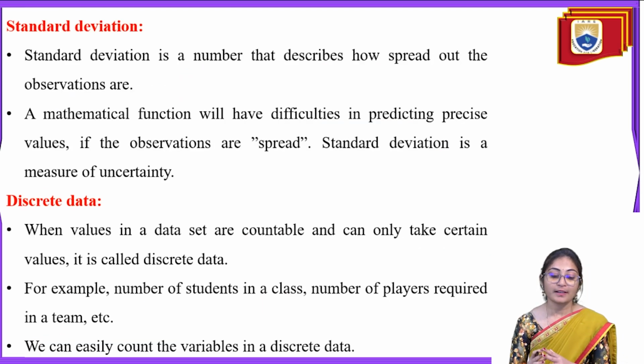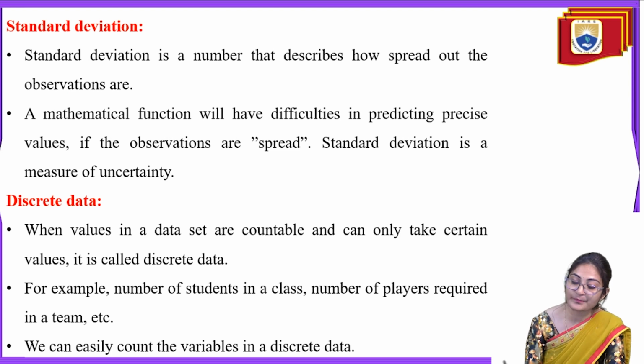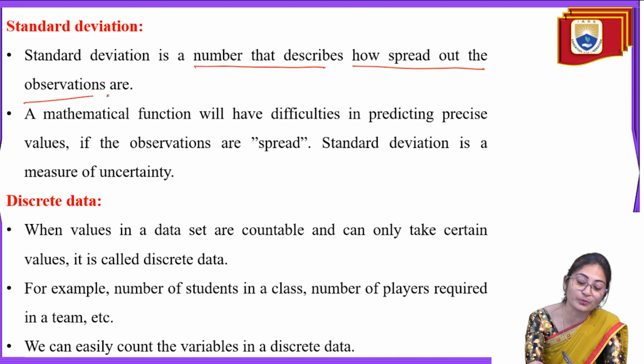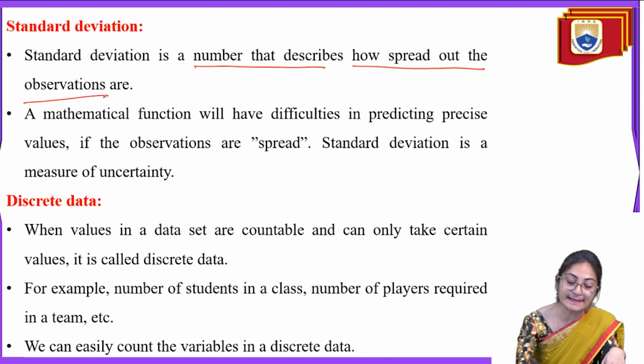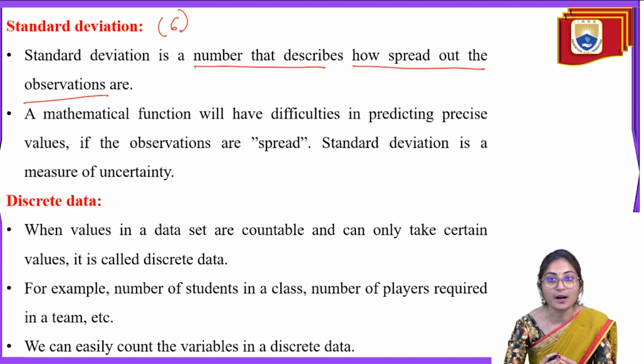Now what is meant by the standard deviation? The standard deviation is a number that describes how spread out the observations are, and we show it using the symbol sigma.